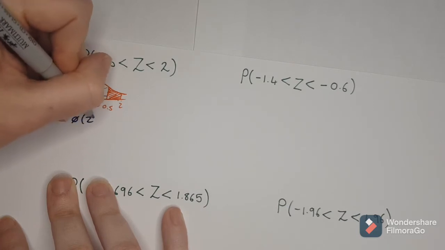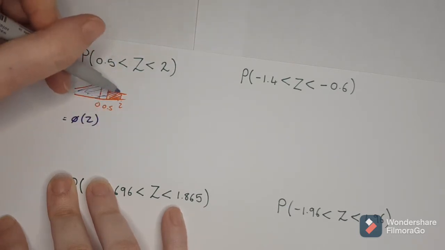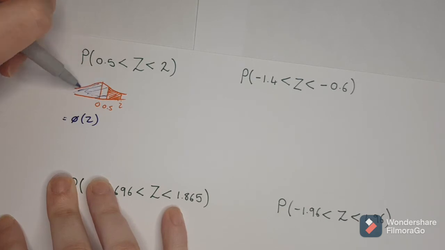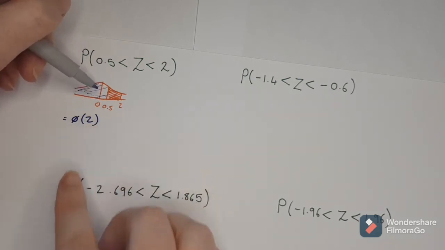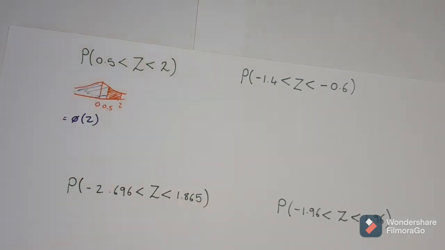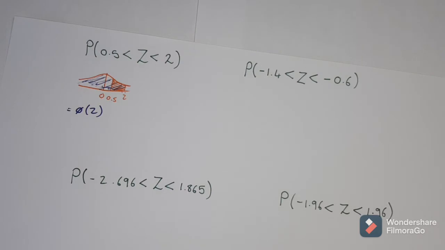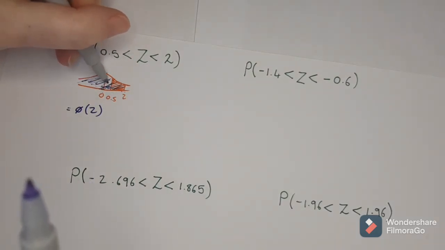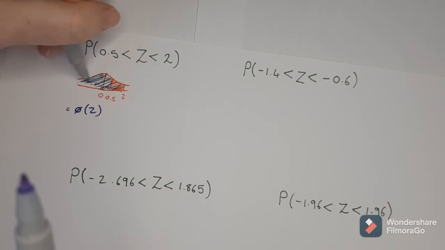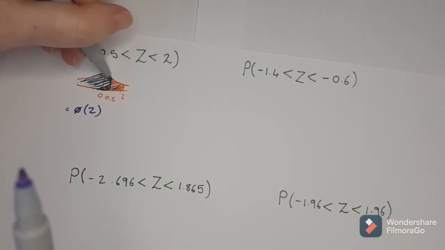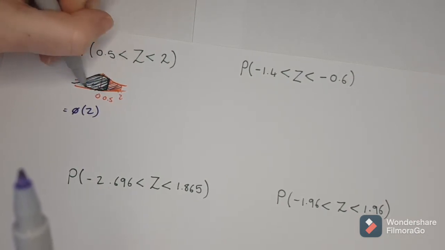Okay, so if I read off my value for 2, that would give me all of it. But now I don't want this little value. So if I read off the 0.5, it will just give me all of this area from there downwards.